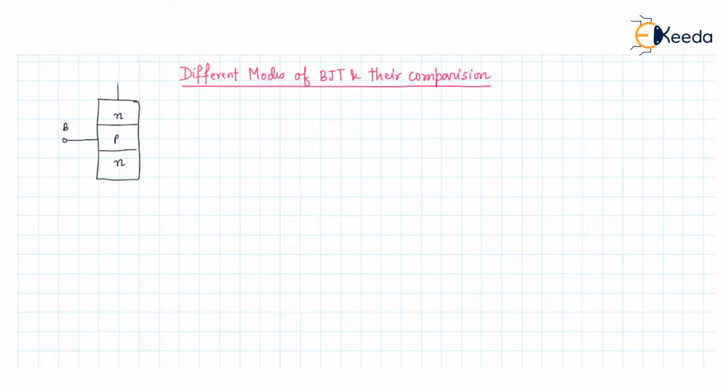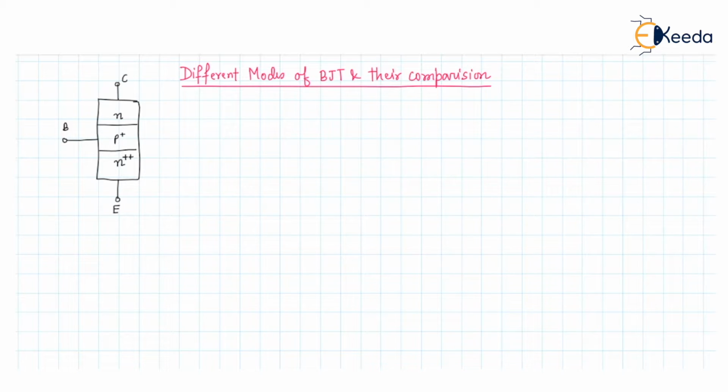This is the collector terminal, and let us assume that this is the emitter terminal. We know that the emitter region will be highly doped. Similarly, the base region will be doped P plus, and this is the N region, which is the collector terminal.